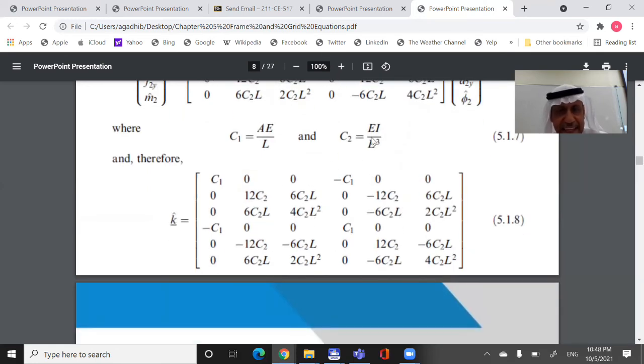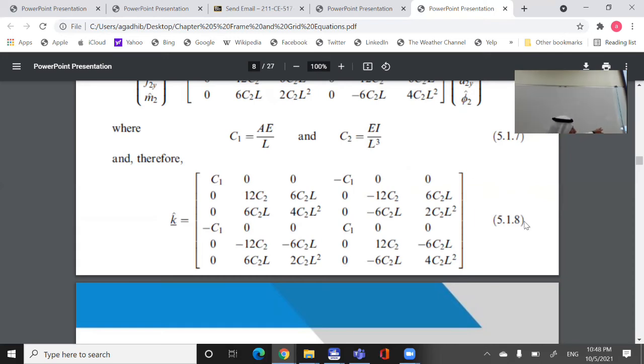Bending means C2, axial deformation means C1, EA, you see? So if you want to neglect the axial deformation, you put C1 equal to 0, if it is only bending.